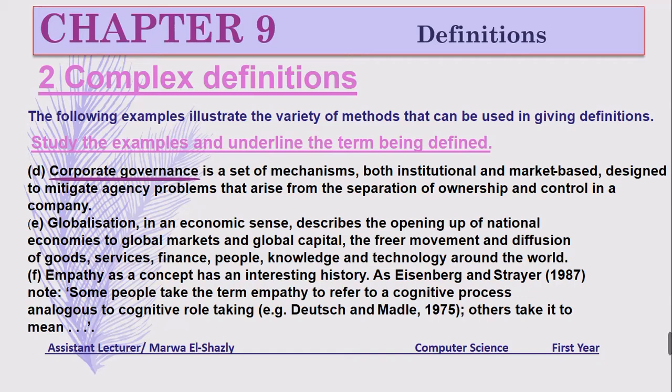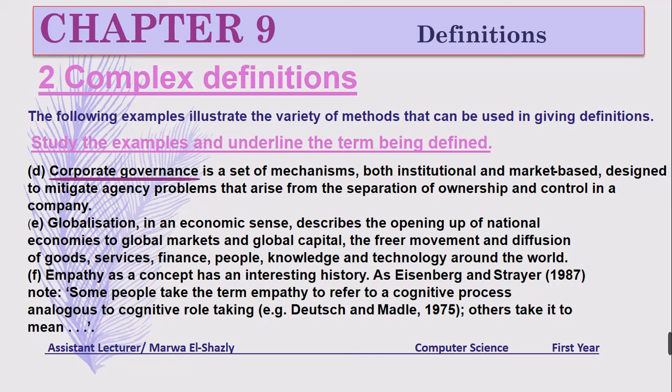Next one, globalization in an economic sense describes the opening up of national economies to global markets and global capital, the freer movement and diffusion of goods, services, finance, people, knowledge, and technology around the world.